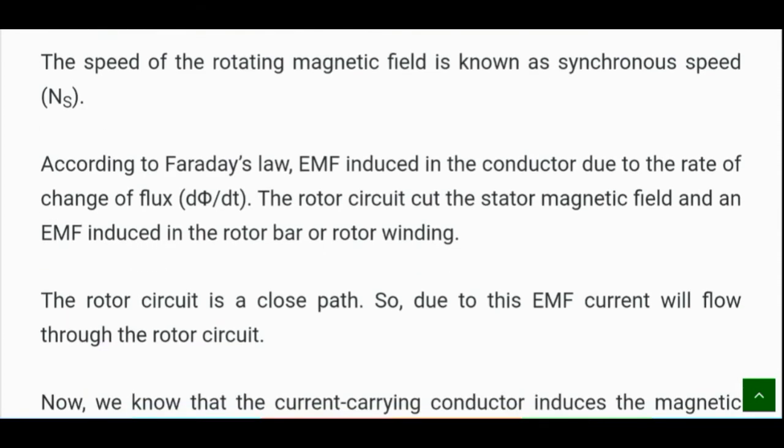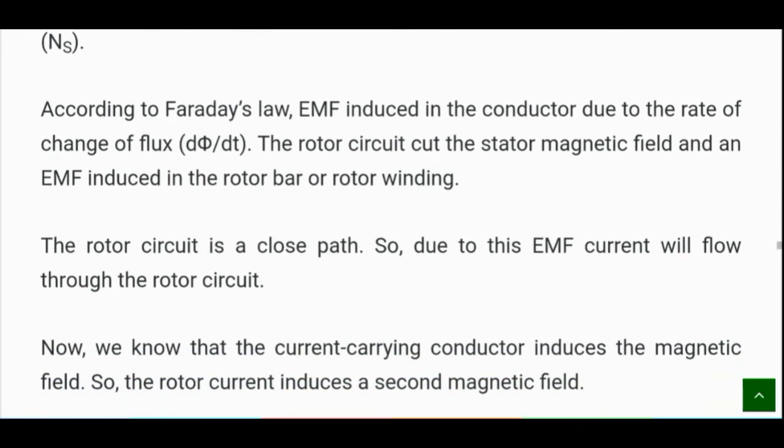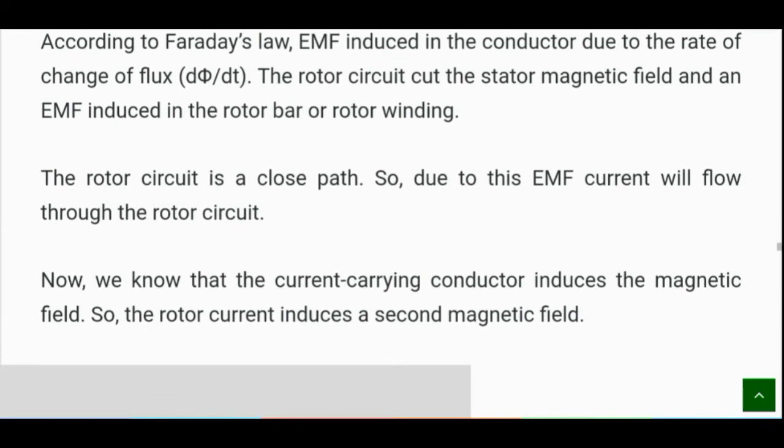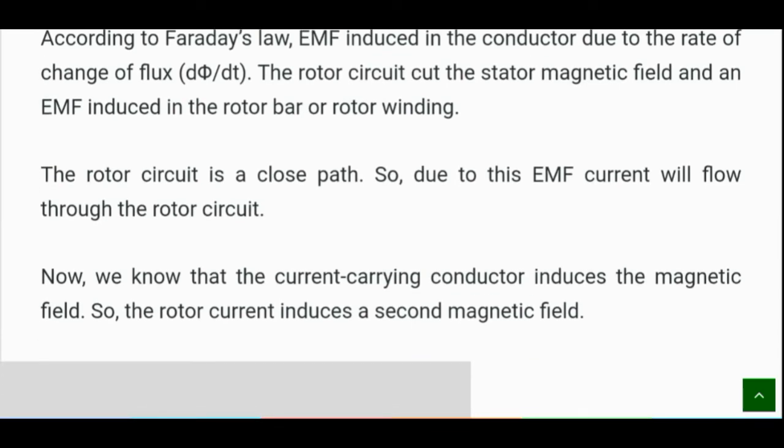According to Faraday's law, EMF is induced in the conductor due to the rate of change of flux, dφ/dt. The rotor circuit cuts the stator magnetic field, and an EMF is induced in the rotor bar or rotor winding. The rotor circuit is a closed path, so due to this EMF, current will flow through the rotor circuit.